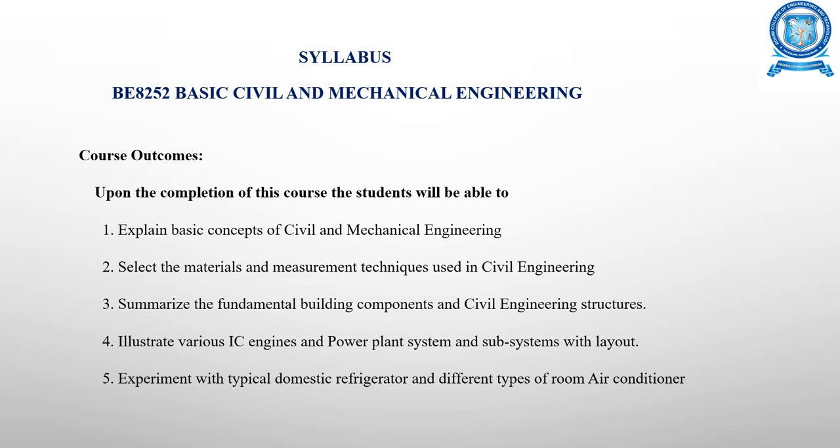From Unit 3, the students will be able to summarize the fundamental building components and civil engineering structures. From Unit 4, the students will be able to illustrate various IC engines and power plant systems and subsystems with layout. And from Unit 5, the students will be able to experiment with the typical domestic refrigerator and different types of room air conditioner.